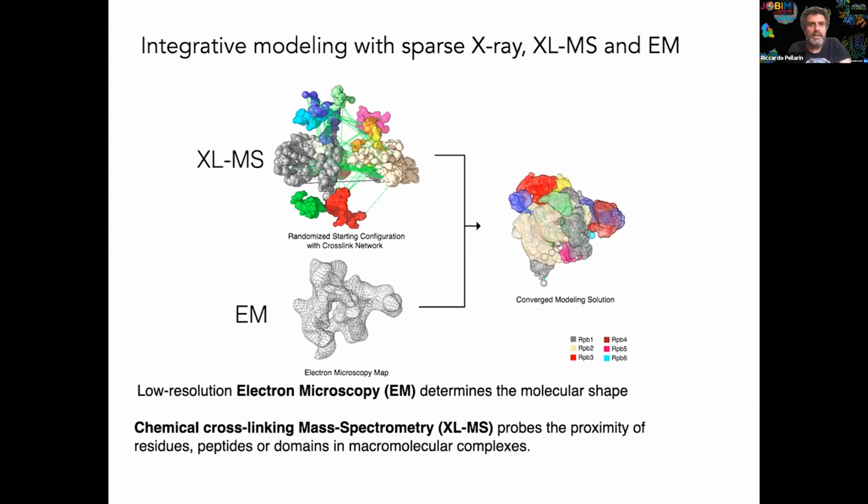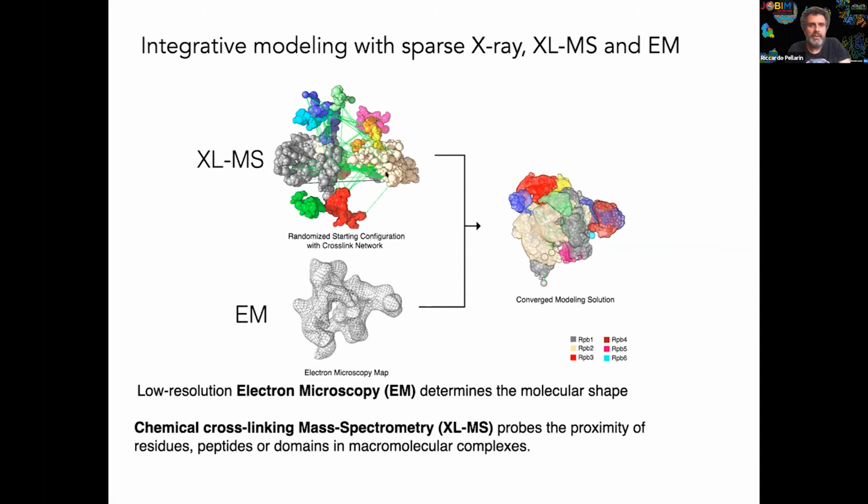So now let's go to the integrative modeling. A typical example, I would say, the most compact way you can get information from a system is to combine high resolution information about the subunits through X-ray or other structure prediction, such as AlphaFold if you want, and homology modeling, with cross-linking mass spectrometry, which you will see later, which probes the proximity of residues belonging to the proteins, and electron microscopy data.